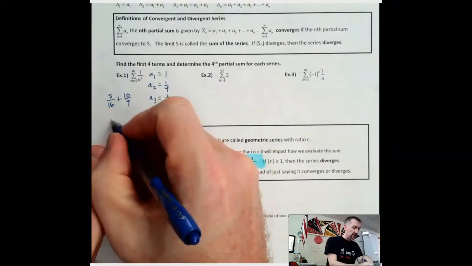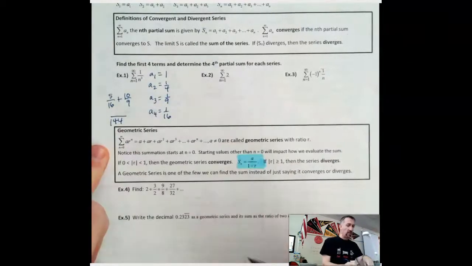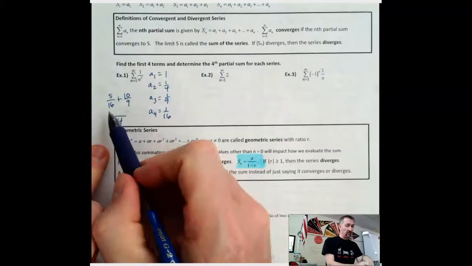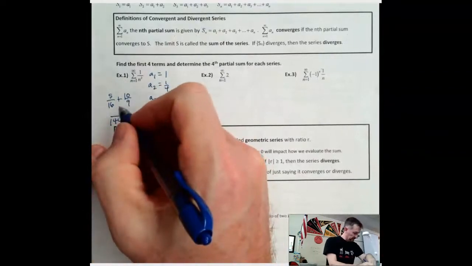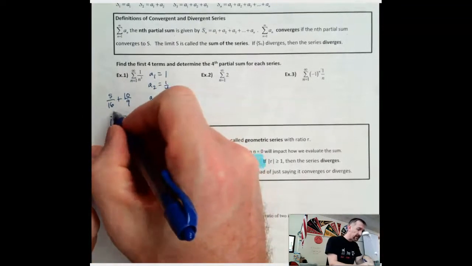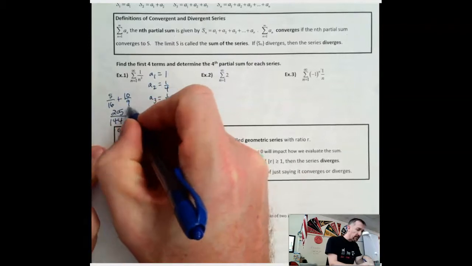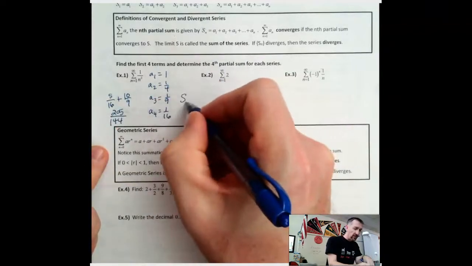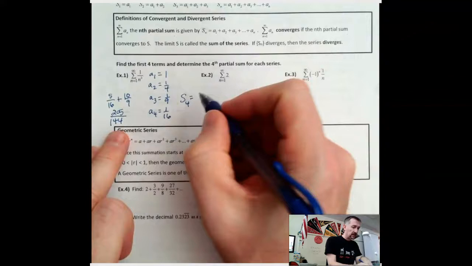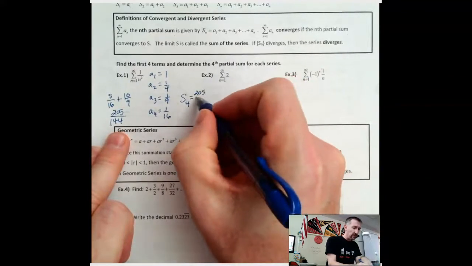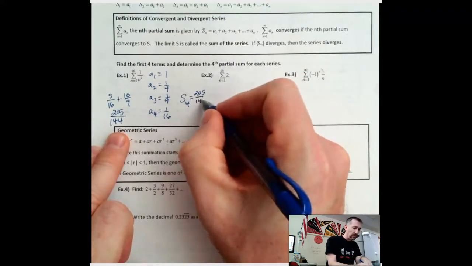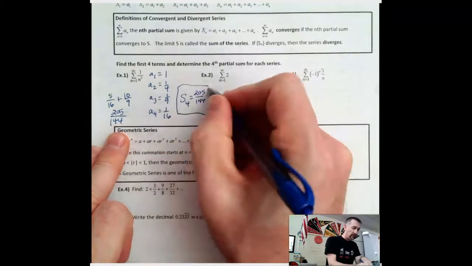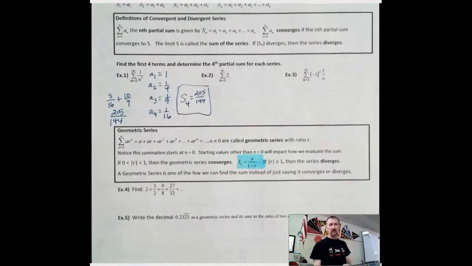And then the common denominator is going to be 144. So that's going to be 45 and 160, which is 205. So the fourth partial sum is 205 over 144. Okay, so that's pretty basic.